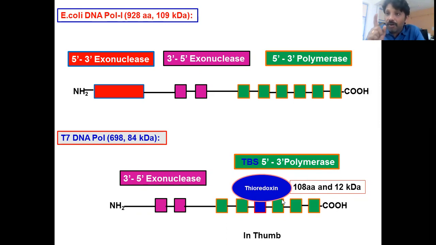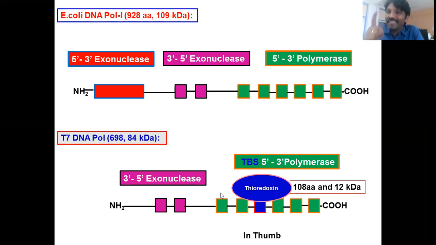Here, in this polymerase domain, there is a small binding domain called TBS. TBS means thioredoxin binding site. So the T7 DNA polymerase is a two subunit enzyme.